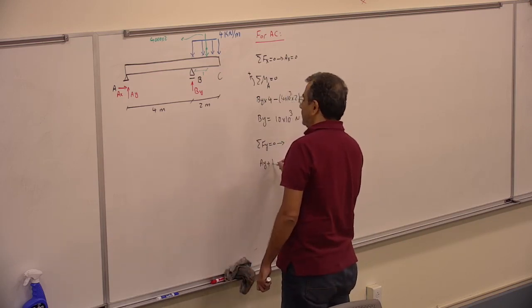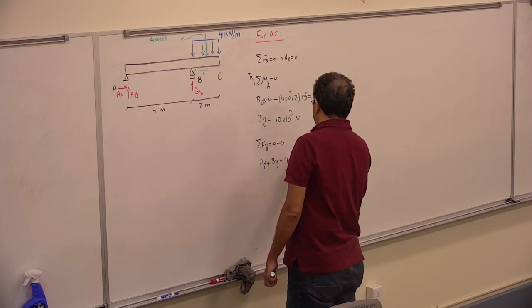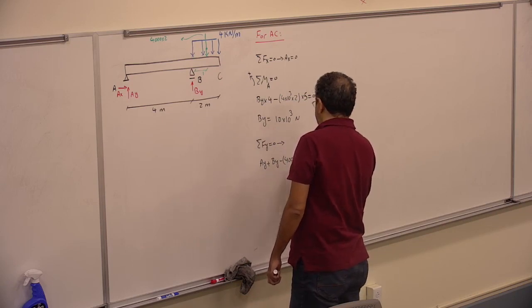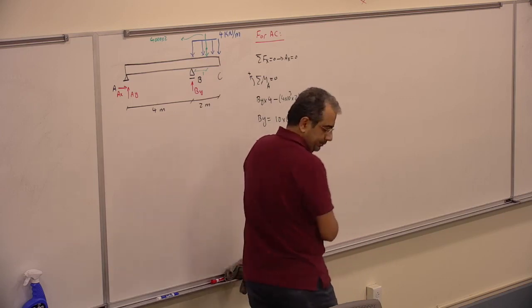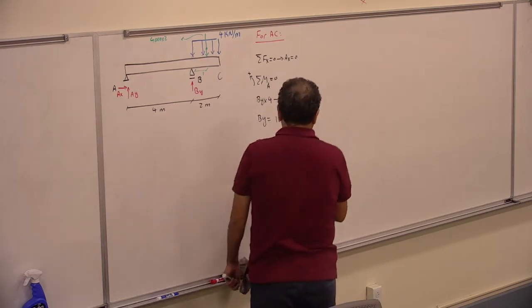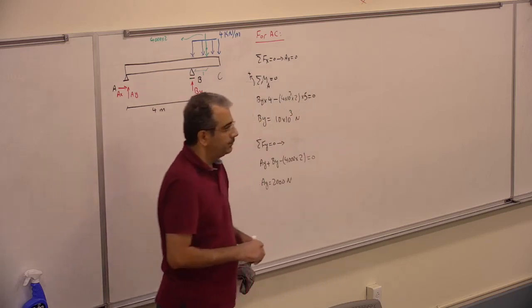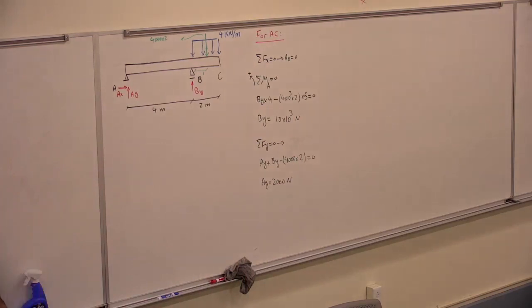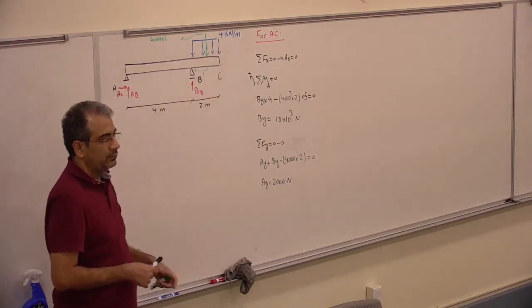Ay plus By minus 4,000 times 2, equals 0. Ay would be 2,000. So if I have the equation right, those should be the values.